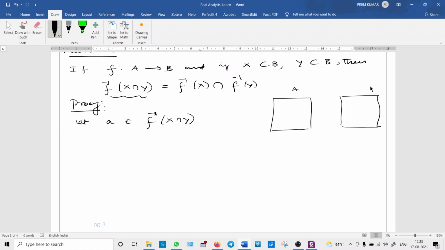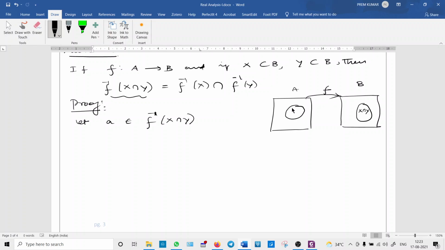Suppose this is A and this is B, and what we have taken is an element of, suppose this is X intersection Y. So the inverse image of this under the mapping f will fall in A. What are the pre-images?